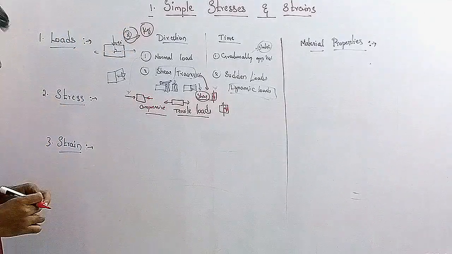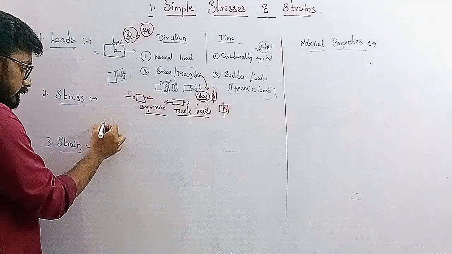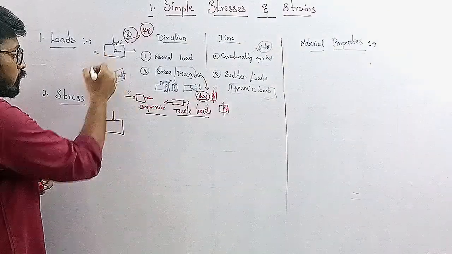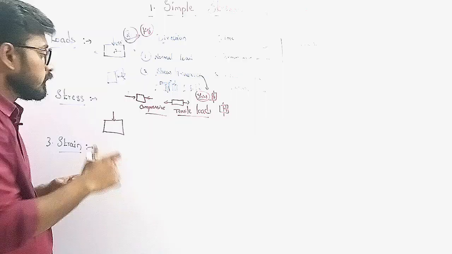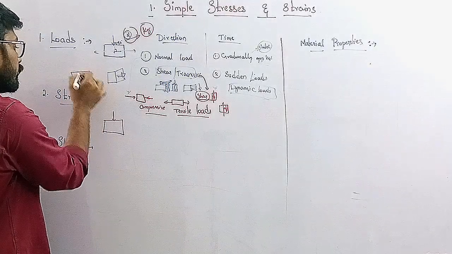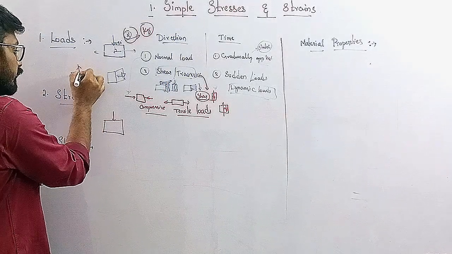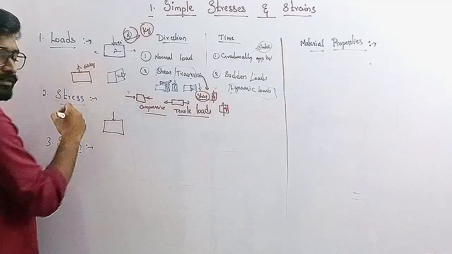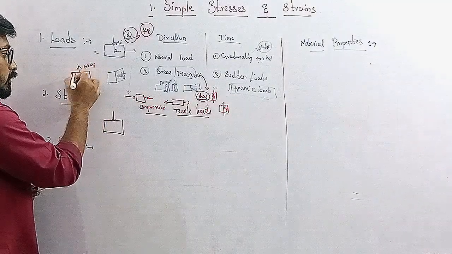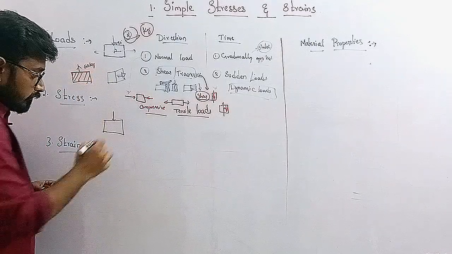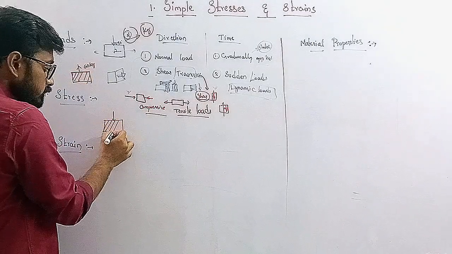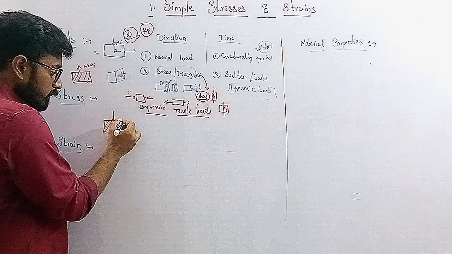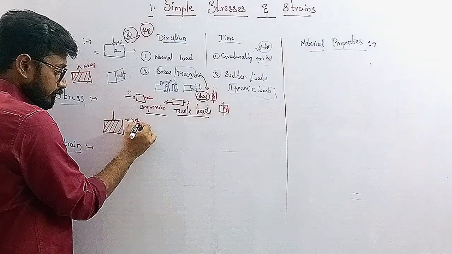Next, what is stress? Stress is what arises when a load acts on a body. First, we need to understand what load is. Load is simply like a person standing on the earth. If he weighs 60 kgs, he is creating a load of 60 kgs on the surface. If this body is able to resist the load, then it will be in a stable condition.